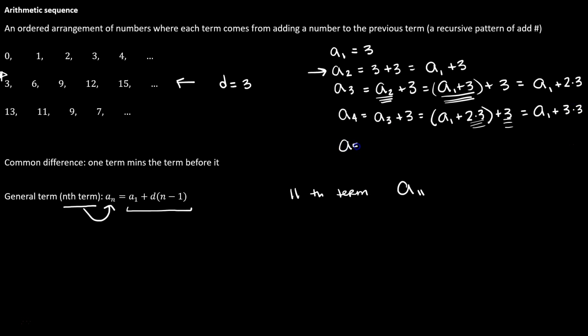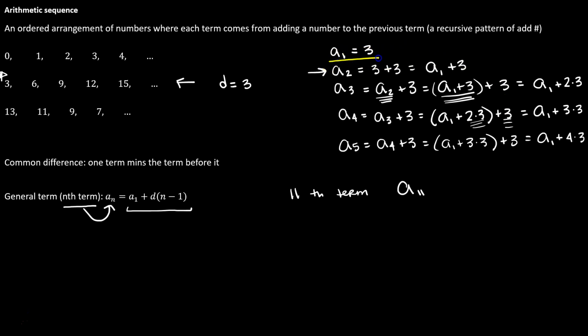And then a sub 5 would become a sub 4 plus 3, but a sub 4 is a sub 1 plus 3 times 3, and we're adding 3 to that. So that's the same thing as a sub 1 plus, I'm going to write the 4 in front, 4 times 3. And now I want to show you the pattern that's arising.